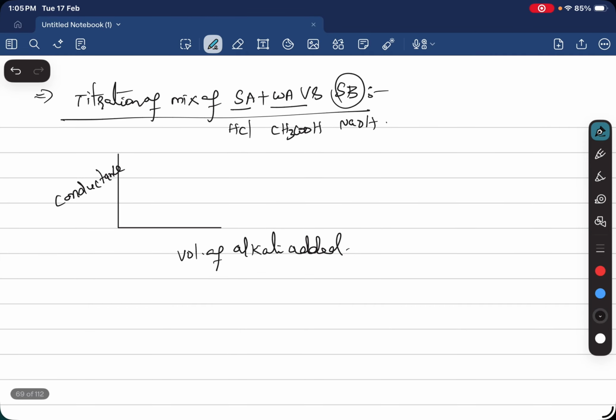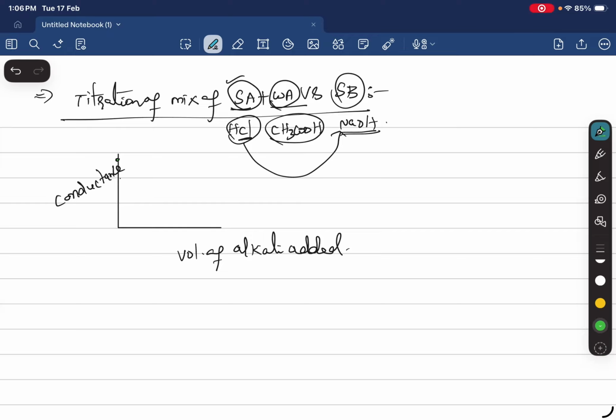So how does the equivalence point appear? We are taking strong acid and weak acid. Comparatively, the strong acid will react faster with NaOH than the weak acid. The strong acid here gives H⁺, which has the highest conductance, even more than Cl⁻. So initially it has the highest conductance value, and slowly it is decreasing, because Na⁺ is replacing H⁺, and the conductance of Na⁺ is less compared to H⁺, so it suddenly drops.